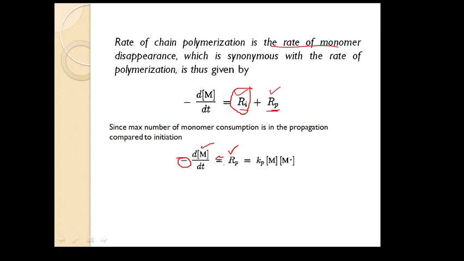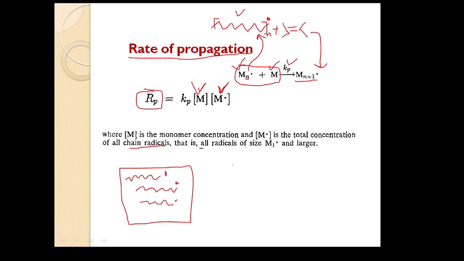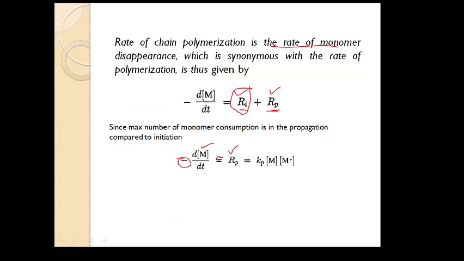Now we have the expression for Rp. The expression for the rate of propagation is equal to Kp into the concentration of M into the concentration of M dot.